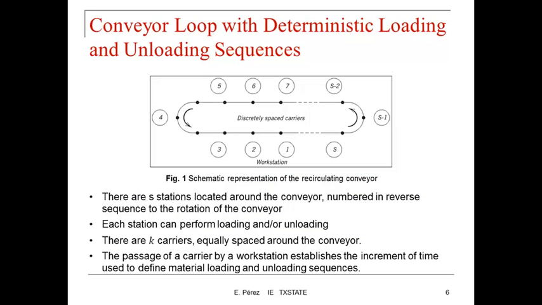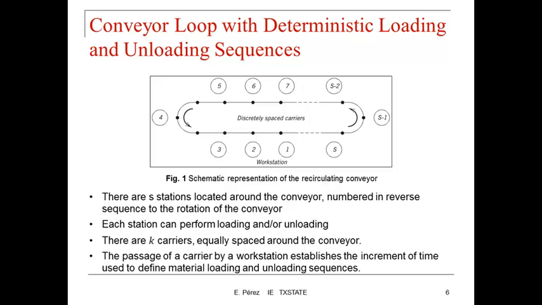So going back to the example, here's the description of how you can determine the capacity of each carrier for your conveyor. We have different parameters here, including the number of stations, denoted by S, around the conveyor, and K, the number of carriers for the conveyor.